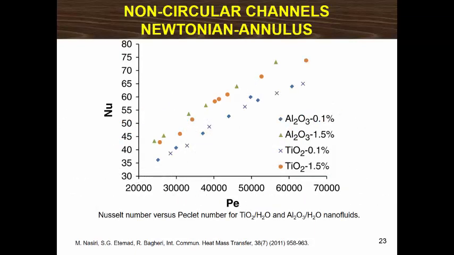In order to compare the performance of the two employed nanofluids in this research, Nusselt number calculated through the experimental data for concentrations of 0.1 and 1.5% are presented. It's observed that there is no significant difference between the Nusselt number of the two employed nanofluids. Thermal conductivity of alumina is higher, so alumina water nanofluid is expected to associate with higher heat transfer enhancement.